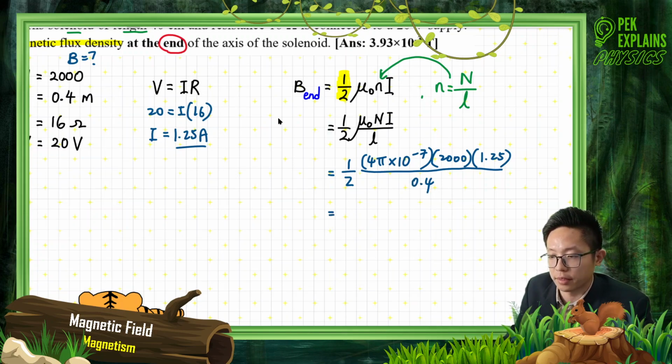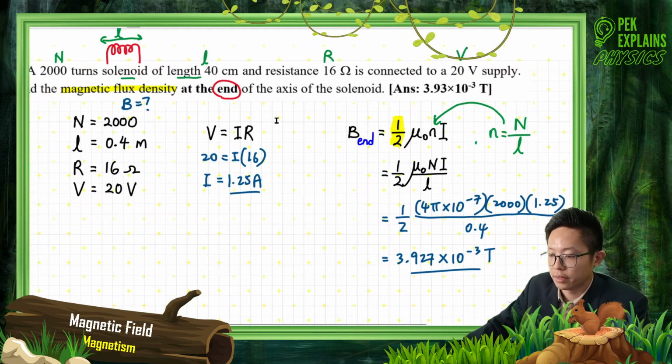So what's the answer? I got 3.927 times 10 to the negative 3 Tesla. That's the magnetic flux density.